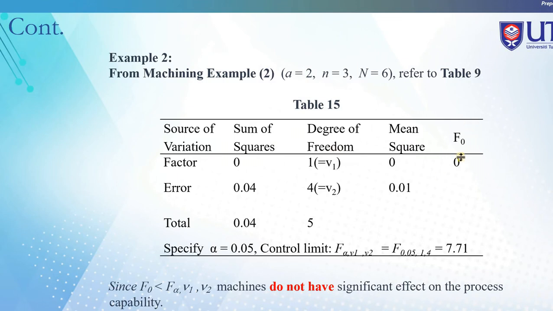We get the F ratio equal to 0 because the mean square for the factor is 0. When we compare with the control limit, it is less than the control limit value, so we cannot reject the null hypothesis. The conclusion is that the factor does not have a significant effect on the process capability.